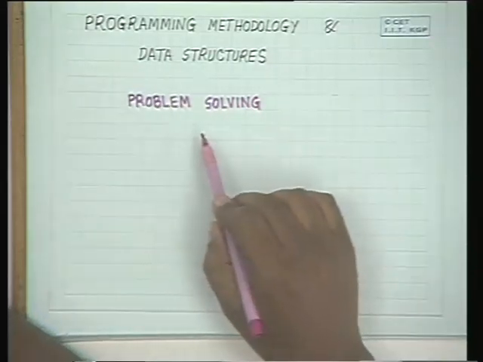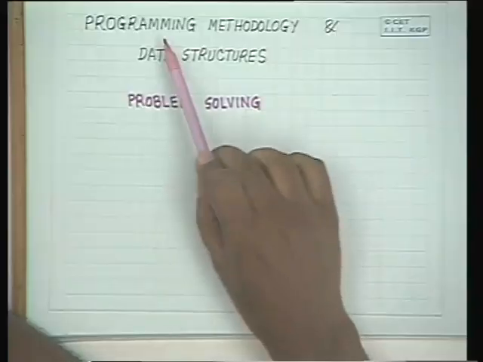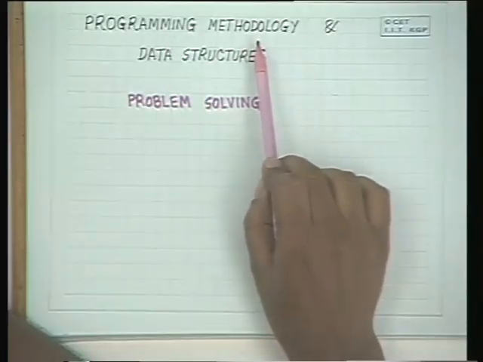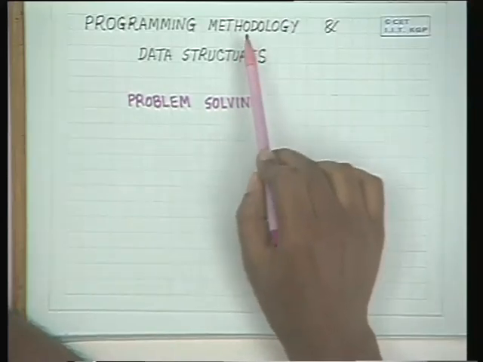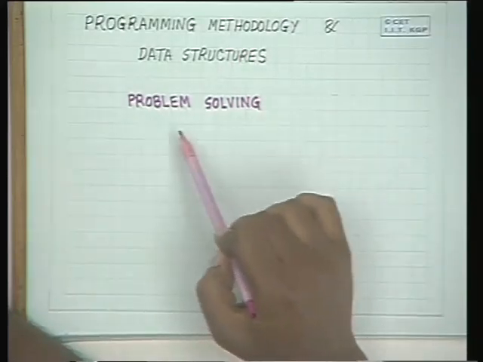Unless we understand how to solve problems on a computer quite efficiently and what are the steps to do it, it will be very difficult to understand what programming methodology and data structuring means, because these are two derived items of the system of problem solving.